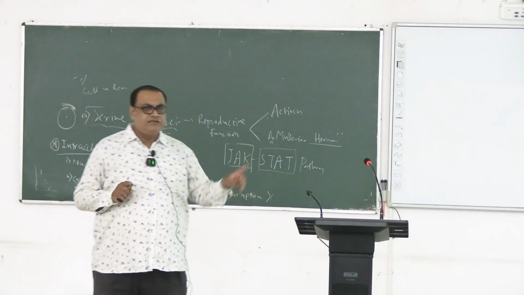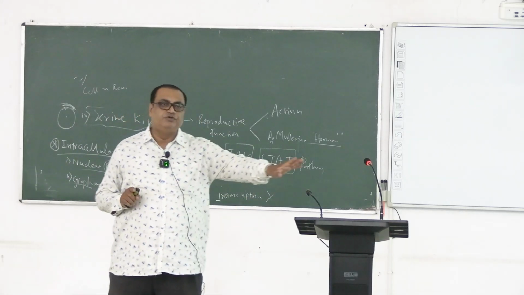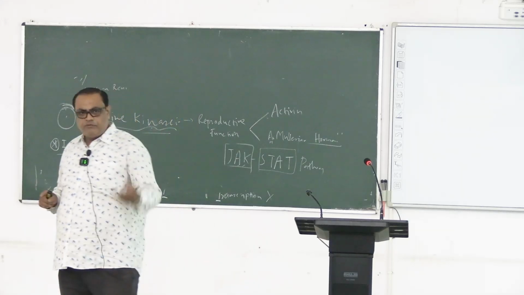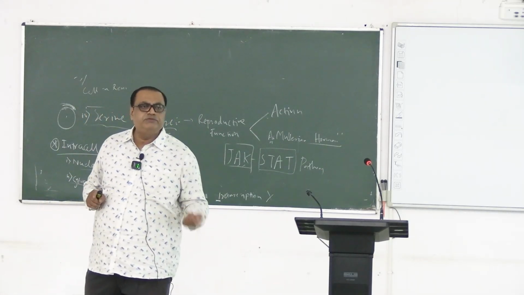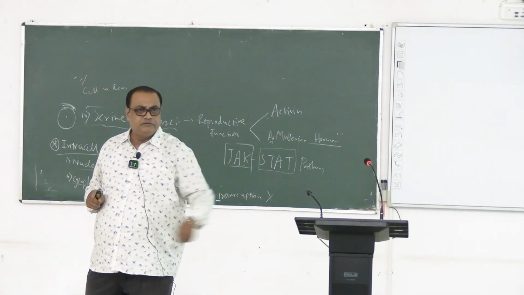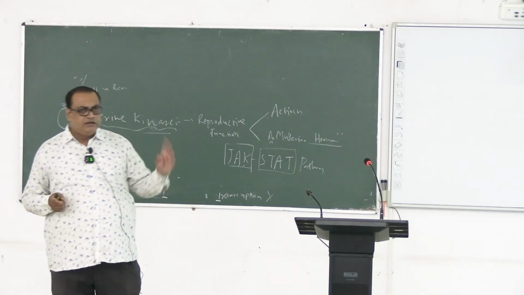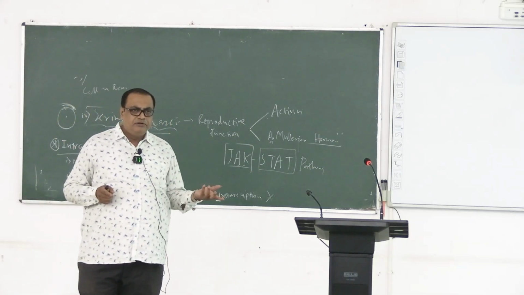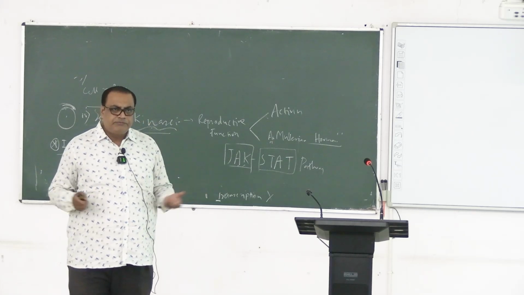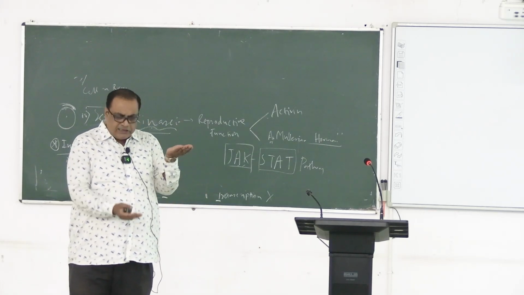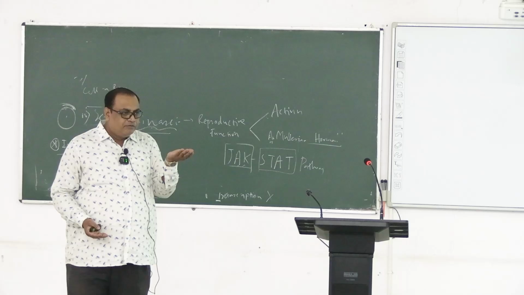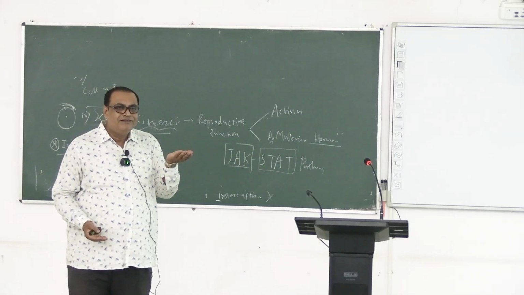For the sake of simplicity, we start with t equal to 0. So T equal to 0 means what? V0 means what? 0, right? No time. That means your substrate is in your hand, enzyme is in a test tube. V is equal to 0.